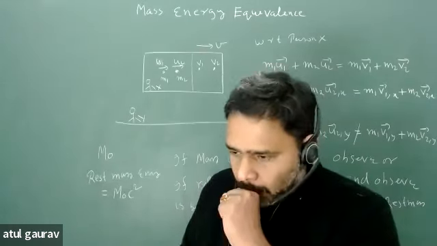Now you can tell me, look at how this can be easily understood by common sense. Suppose this mass is going to move with respect to you, then you will extract more energy or less energy than this.